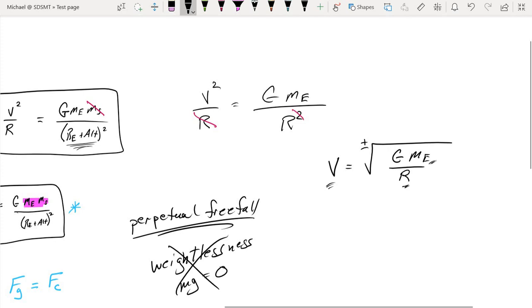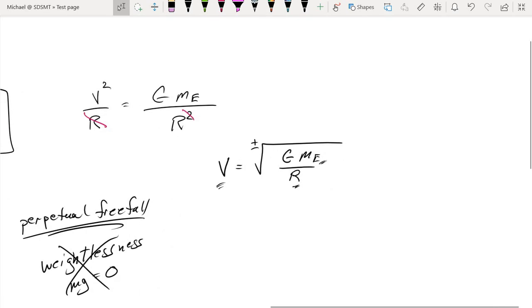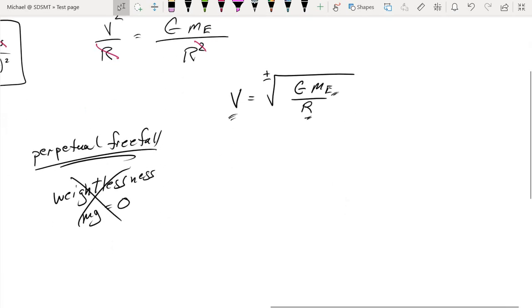This does depend on the mass of the Earth, but we don't have to limit ourselves to the Earth. Maybe we want to put a satellite in orbit around the Moon, or around Jupiter, or Mars. In that case, we would use the mass of that specific planet or moon.